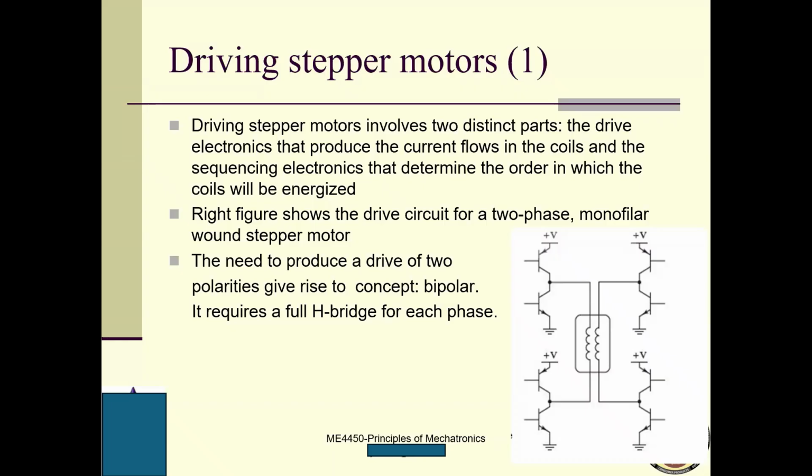For each of these two phases, we have a full H bridge. Even though we do not draw them in parallel, this half plus half is a whole. Questions so far?